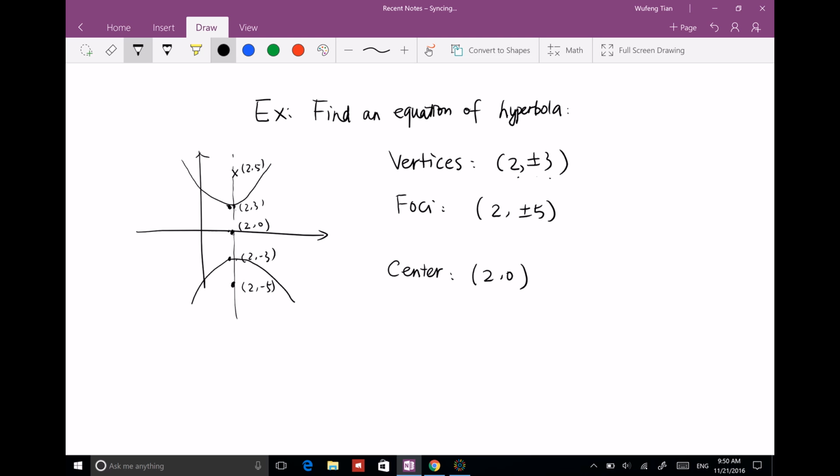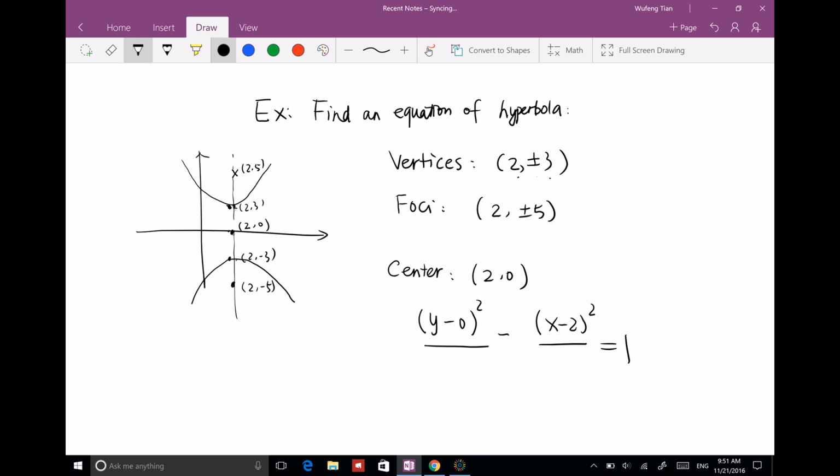So now I write y minus 0, and the other one is x minus 2 squared, minus, right? Because y is the open one, this is the transverse axis vertical. Because if you draw the picture (2, 3) to (2, negative 3), x never changes. So if you draw the picture, it's like this.